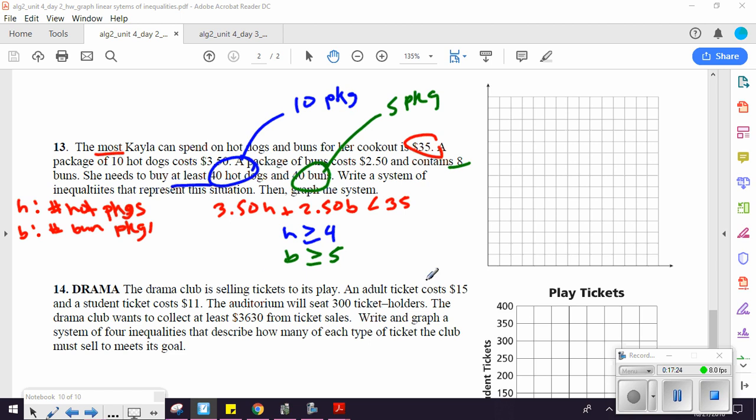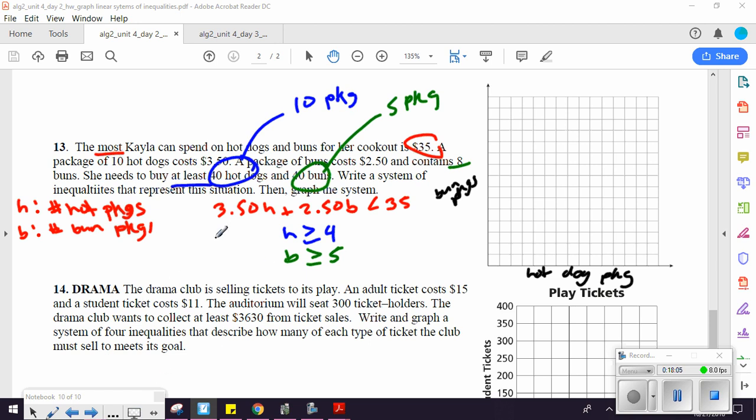So let's say our x-axis represents our hot dog packages, and our y-axis represents our bun packages. I think it's perfectly fine to go by singles, but let's see, solving the first one for B. Well, no, let's just find the x and y intercept.